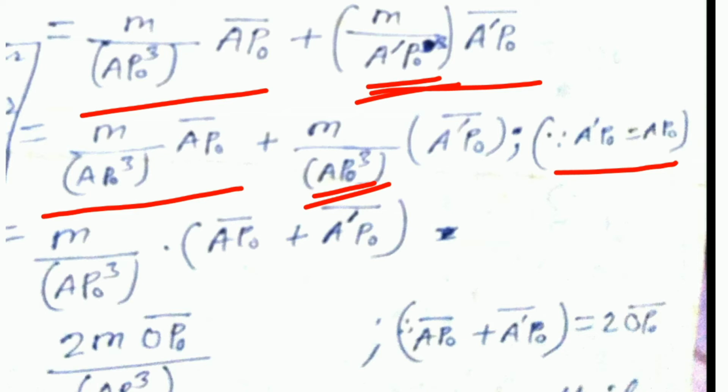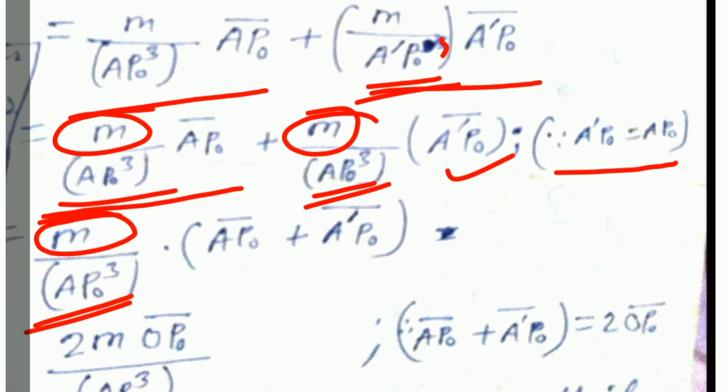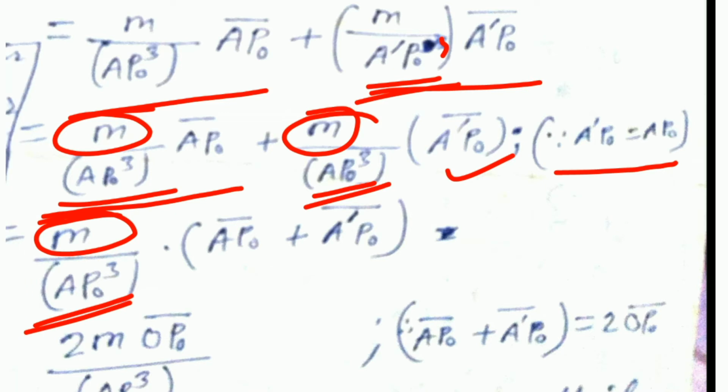So what we get, m upon AP0 cube. Here m is common and AP0 cube is also common, so we take them common. Then we get AP0 bar plus A dash P0 bar.